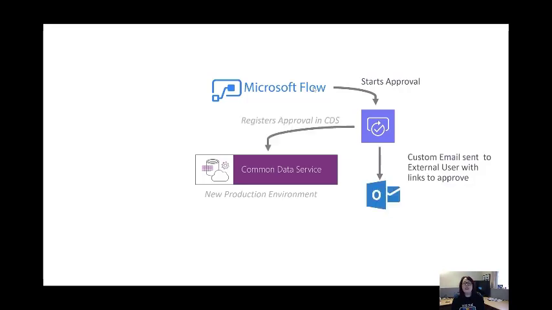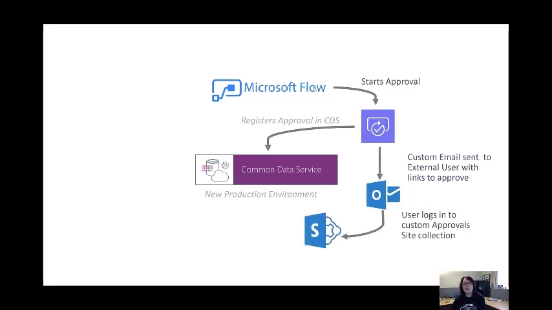And then we hijacked it a little bit. The approval at that point is registered in CDS, so that's available to us to be able to use. We then replaced it with a custom email to send to the external user with the links to approve, so that we made sure that we were bringing them to a place that we knew we could authenticate them.